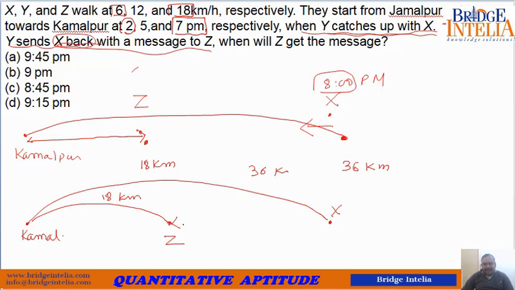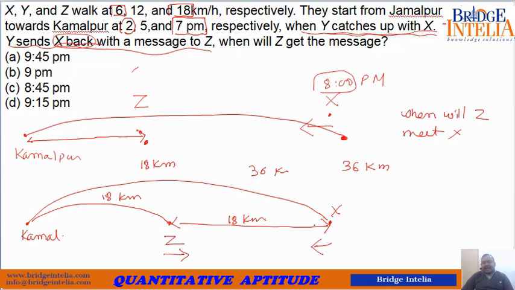So it means the gap between Z and X is only 18 kilometers. They both are moving in opposite directions, because X is returning towards Z and Z is moving towards X. So ask yourself a question: when will Z meet X?